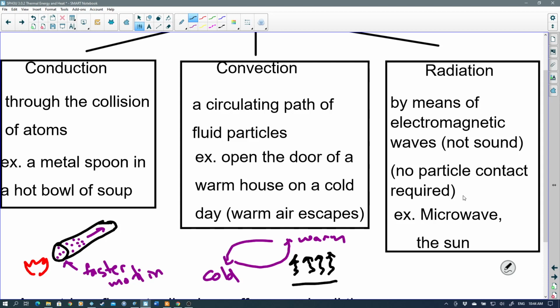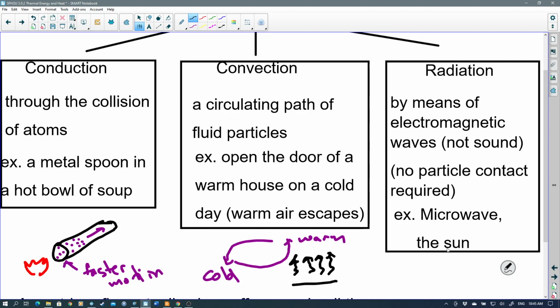that. With radiation, the transfer of energy is done by electromagnetic waves. But this is not sound because you don't actually need particles for this to happen. When we talk about radiation, it's strictly electromagnetic waves for thermal energy to be transferred. So something like a microwave.